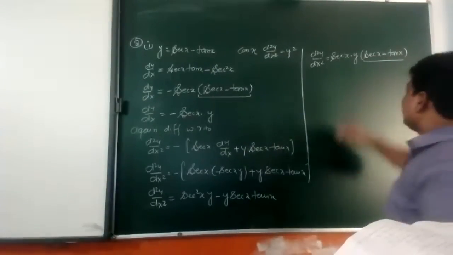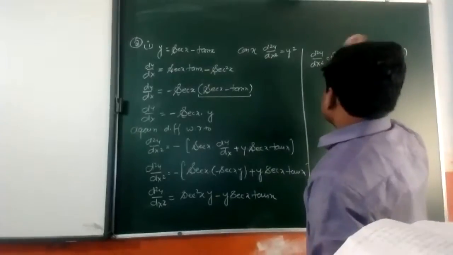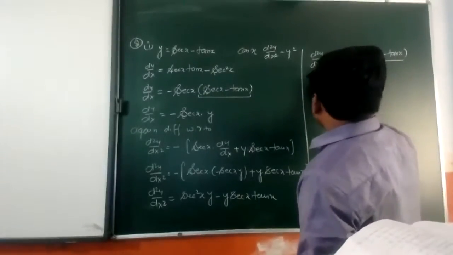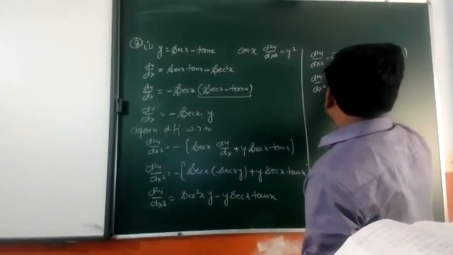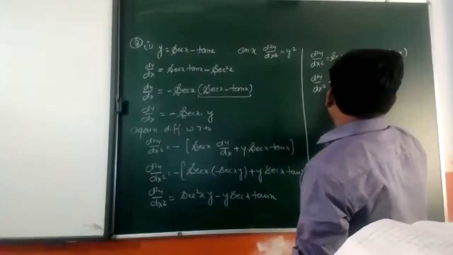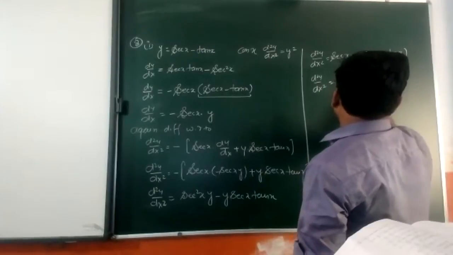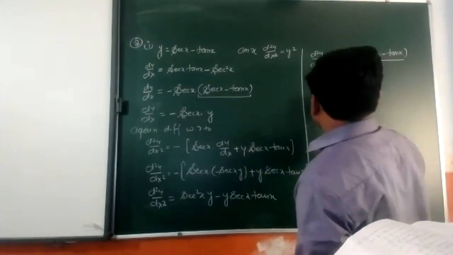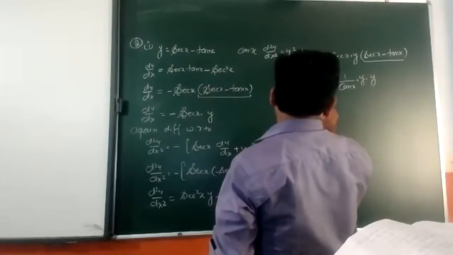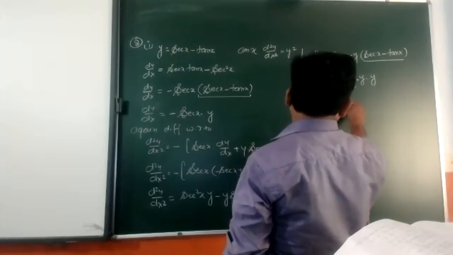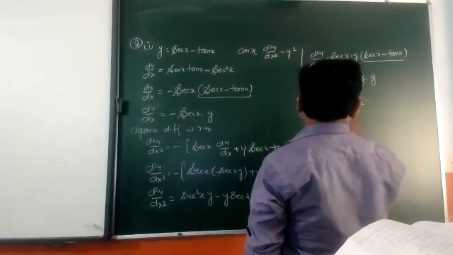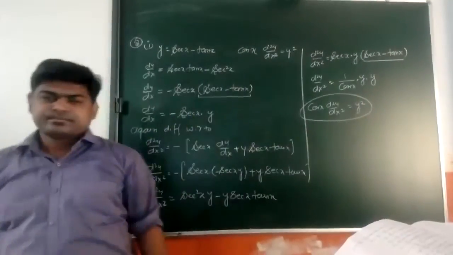When sec x is transposed to this side, d2y by dx square is equal to 1 upon cos x into y into y. When cos x is transposed here, I get cos x d2y by dx square is equal to y square, and it is our required result.